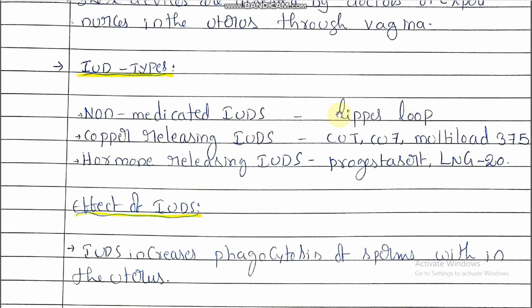There are many different types of IUDs available, and one example is Lippes loop. Next, copper releasing IUDs, examples: copper T, copper 7, multiload 375. Types of IUDs and examples are most important, right?